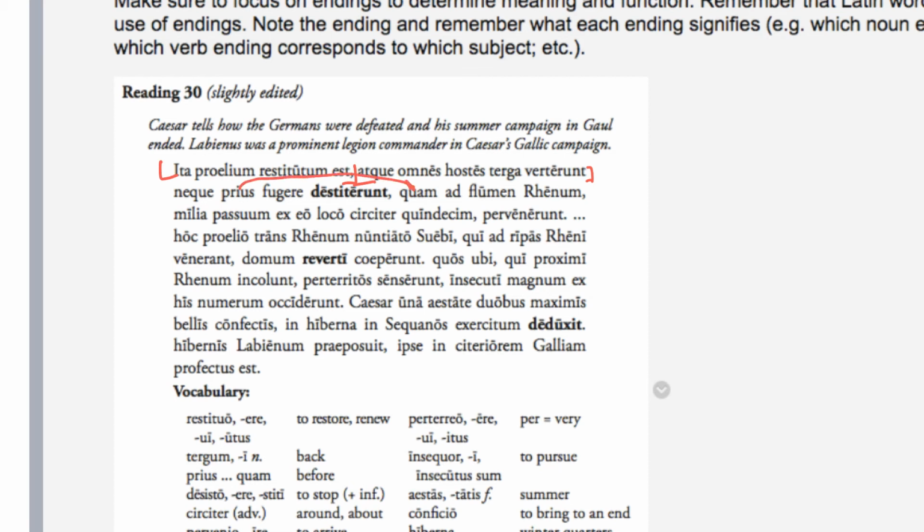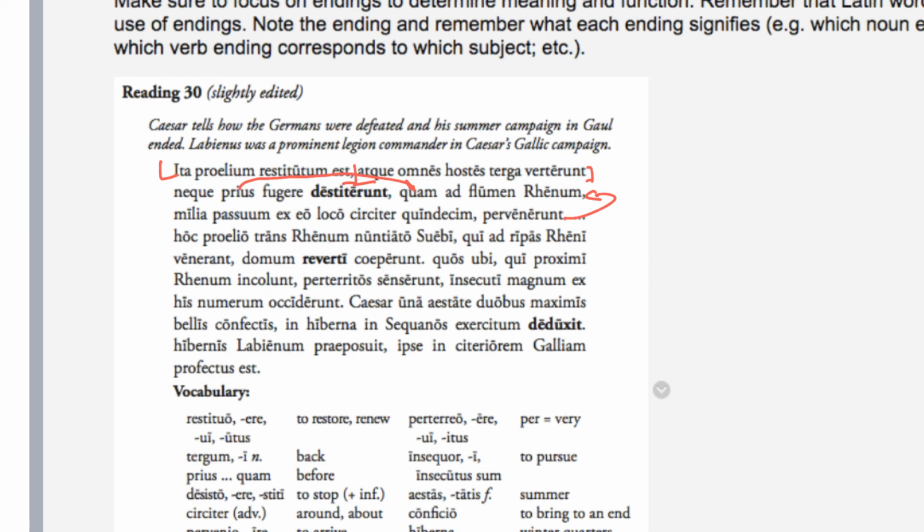So thus the battle was renewed, and all the enemy turned their backs and didn't stop fleeing before the river Rhine. Really, before they came to the river Rhine. Pervenerant is the verb for this up here, which was around 50 miles from this place. Quindecim milia passuum ex eo loco.